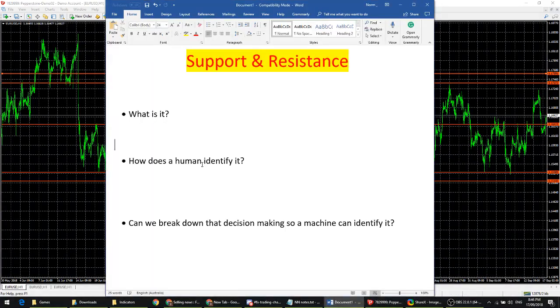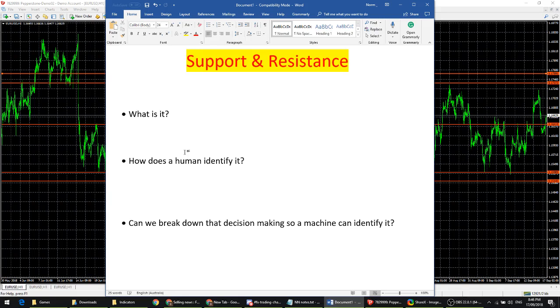Now, we've just gone through and humanly identified it. So that's all well and good, but how do you get a computer to see that? Computers need exact rules and can't just see patterns the way that a human can see them.